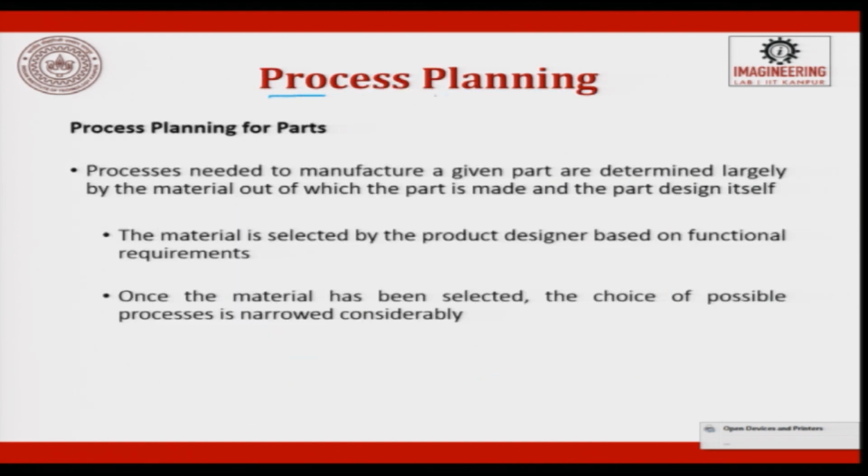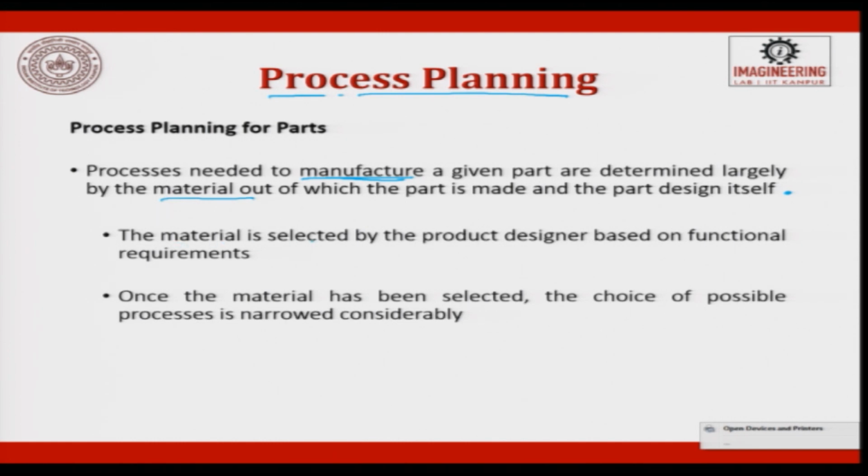So, when we talk about the process plan, for the process planning for a part, the processes needed to manufacture a given part are determined largely by the material out of which the part is made and the part design itself. So, the manufacturing process is dictated by the material selection and the design drawing which is given to you.